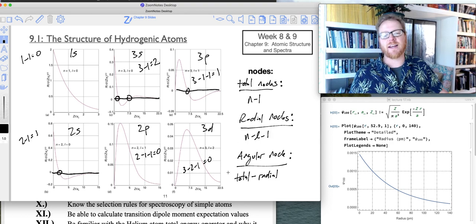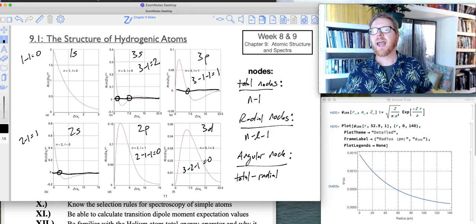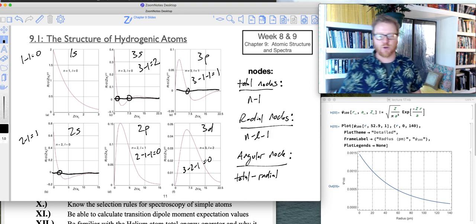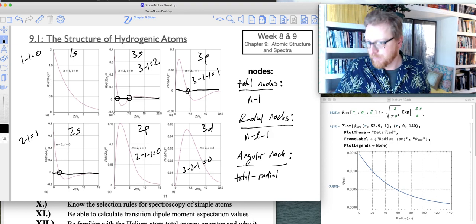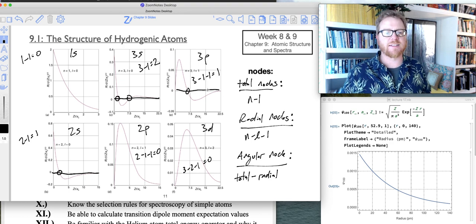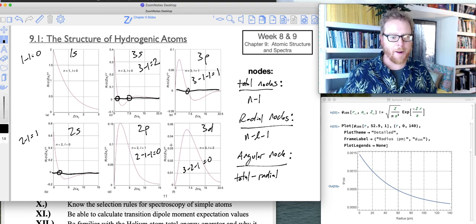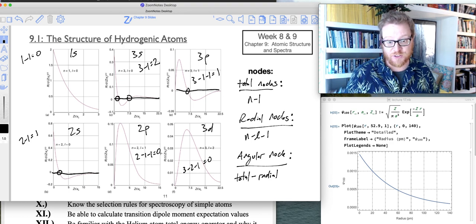But now we can recognize, because it's 0 radial nodes, we know that 3d will have to have 2 angular nodes, and we're going to have to observe those on an angular graph. Okay. Same with the 2p. There's 0 radial nodes, but there should be 1 total node because its n is equal to 2.